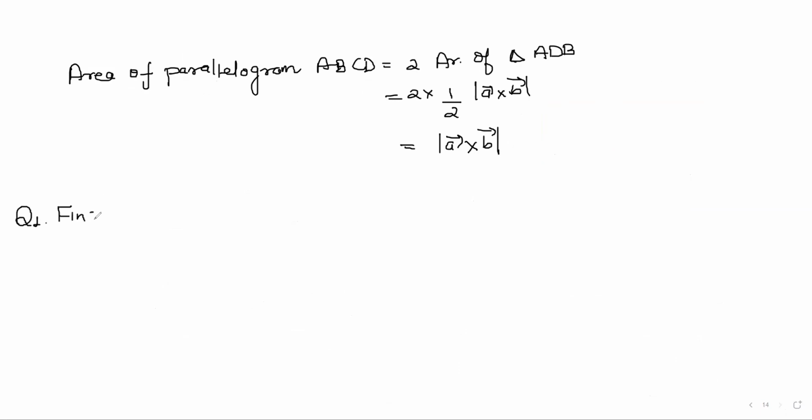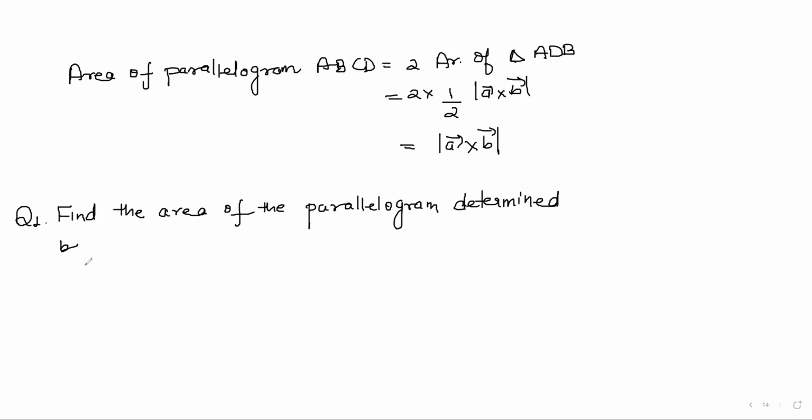Find the area of the parallelogram determined by the vectors i cap plus 2j cap plus 3k cap and 3i cap minus 2j cap plus k cap.